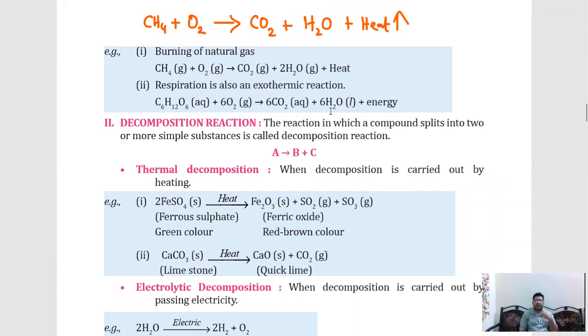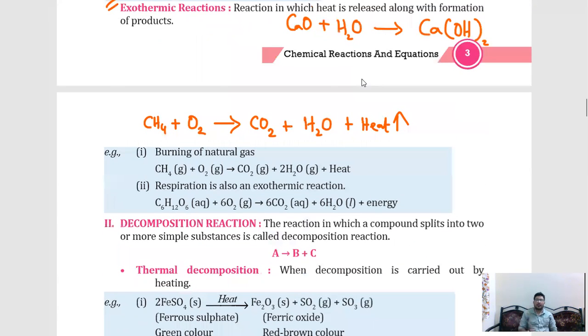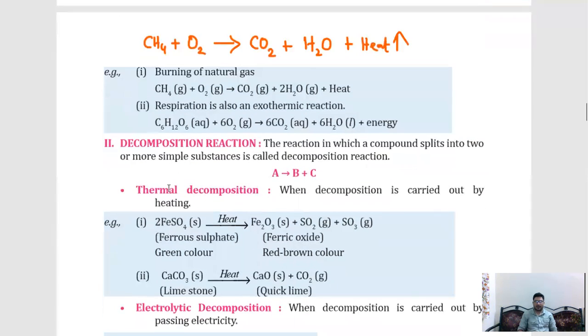At the same time, water comes out from our body as sweat, urine, etc., and some heat energy is released. That gives us our body temperature. Those are exothermic reactions. In an examination they might ask you to define an exothermic reaction, or what is meant by it, and give an example. You can give any one of these two examples.